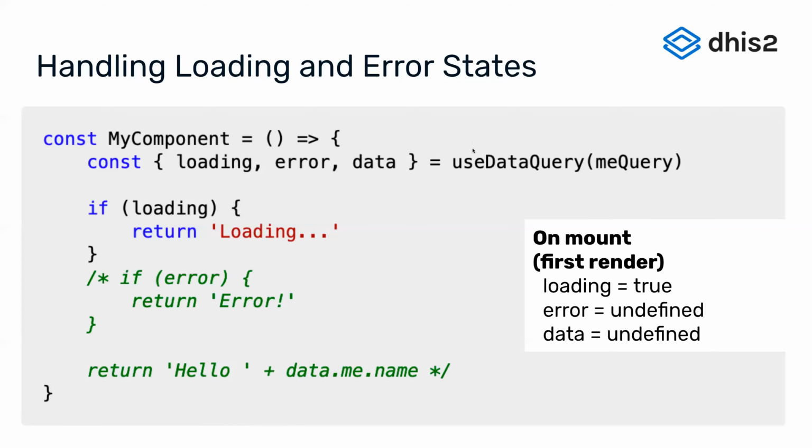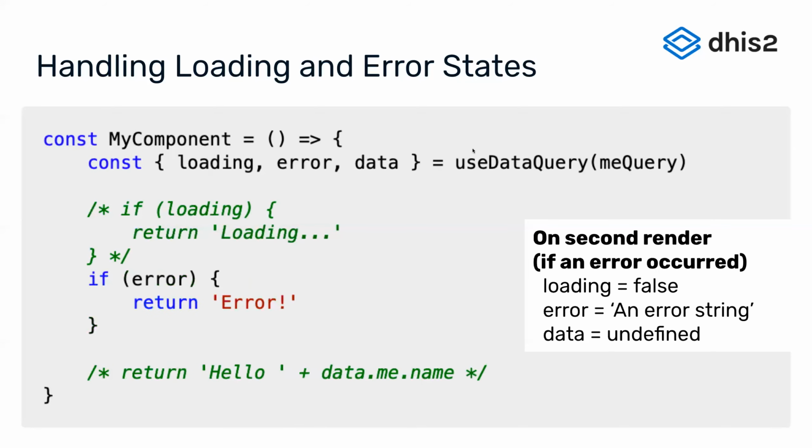So the second render, you have two options. The first is if an error occurred on the second render, this whole function is called again and the values of those variables change. So loading is false, error is the string of whatever that error is, or it would actually probably be an error object in this case. And data would be undefined still because we had an error that occurred.